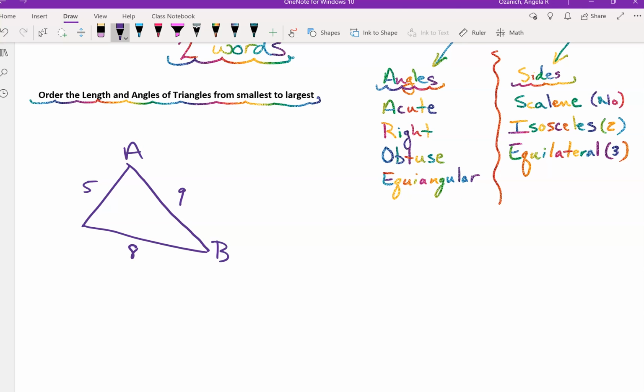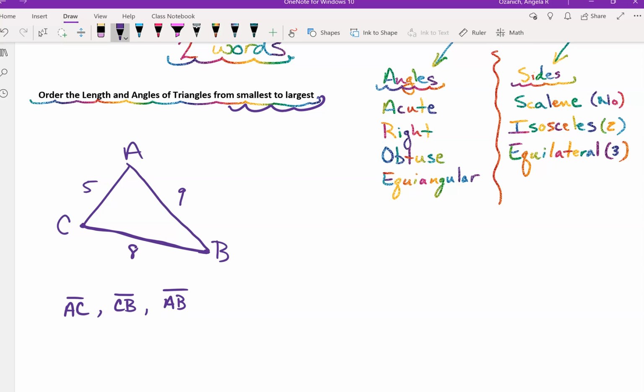Let's call it triangle A, B, and C. Going from smallest to largest, my smallest side is AC. That's pretty easy because it's 5. And then my middle side is CB. So you would name it by the actual segment. That's how you would name it. And then my third and largest side is AB.